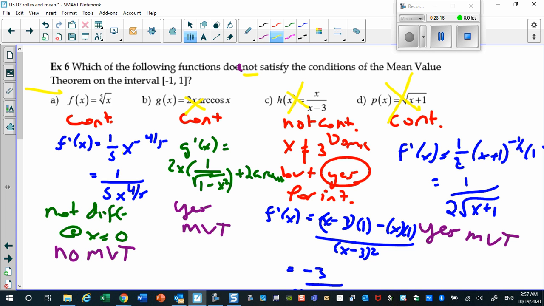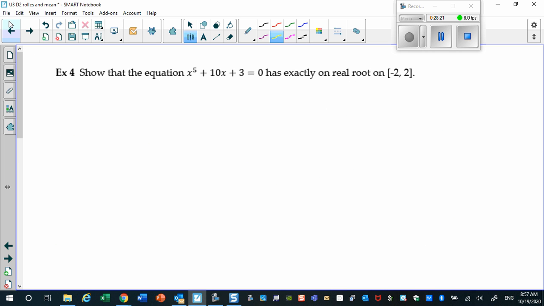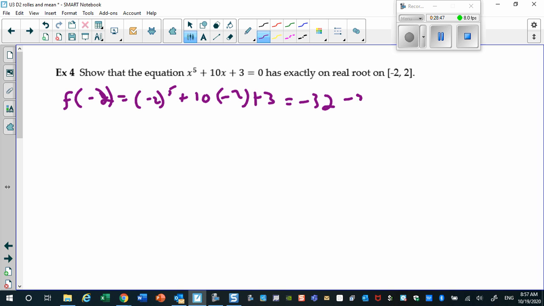Think about that. Okay, I'm going to go back and I'm going to talk about this one real quick. If it has exactly one real root, that means it had to cross the x-axis. And if that's true, I'm going to use the mean value theorem to help me out there. So f of -2 is -2 to the 5th plus 10 times -2 plus 3. -32 minus 20 plus 3. -52, so -49.